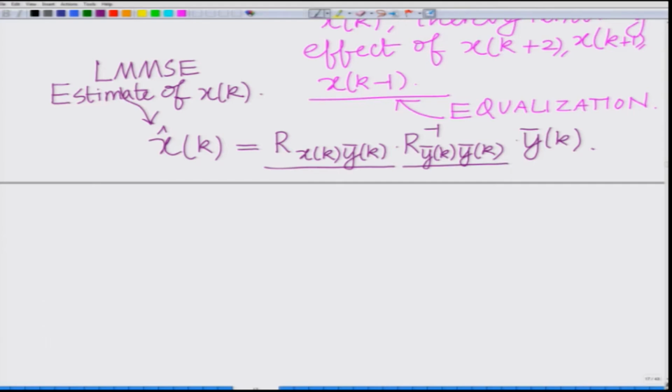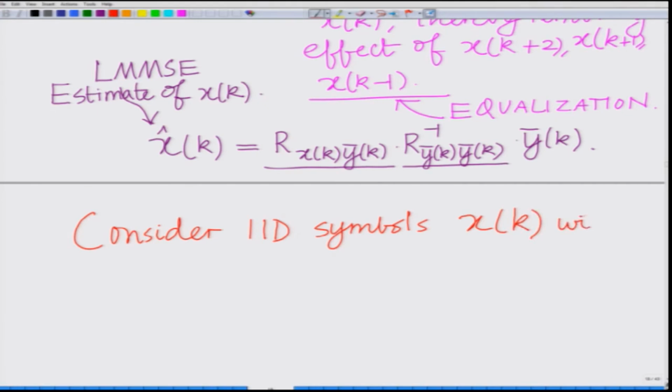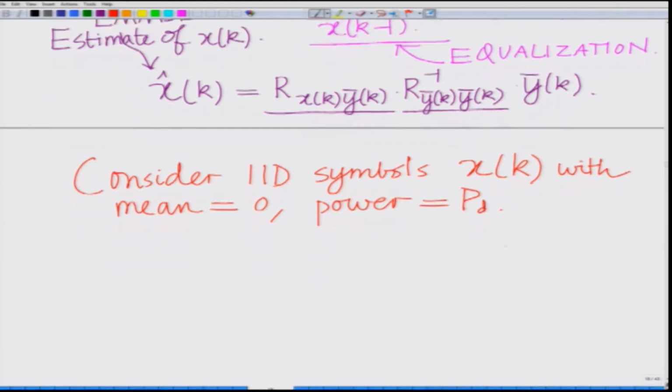Now, for this let us consider the standard assumption, that is IID symbols x_k.